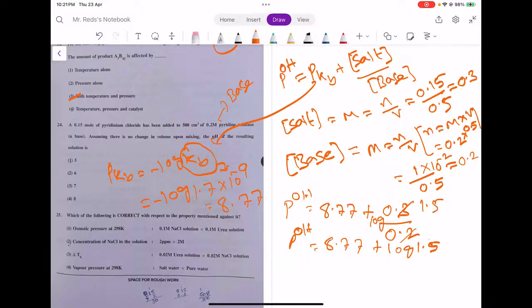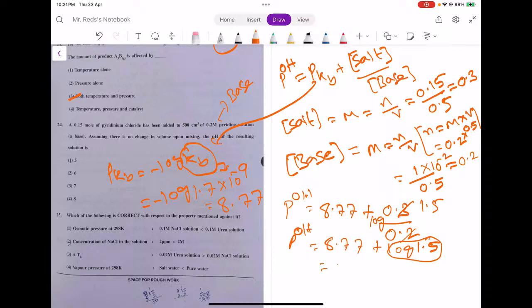Here log 1.5 value, log 1 is 0, log 1.5 is almost 0.20, also we can take, not a problem.